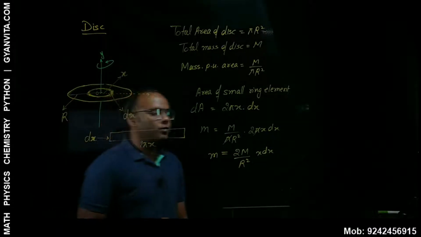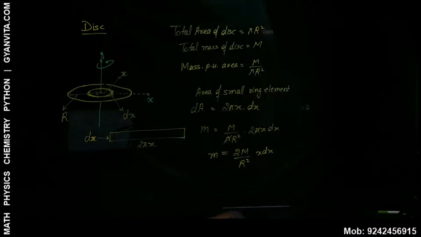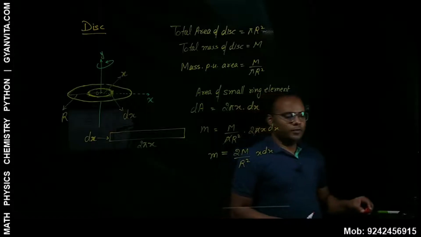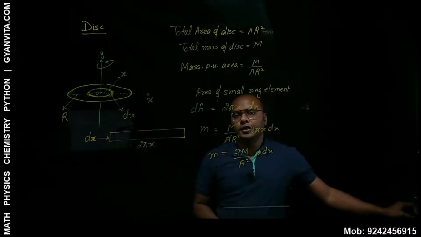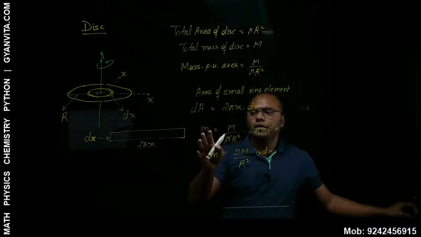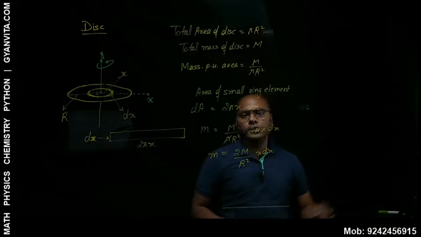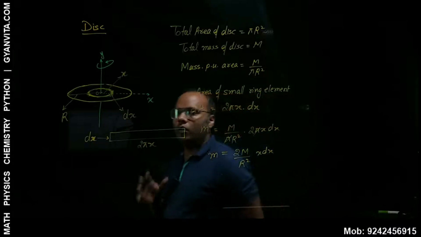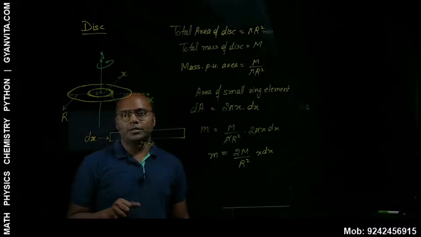Now if we have to find the total moment of inertia, first we'll have to find the moment of inertia, that is dI, for this small segment or this small element. So first we'll find the moment of inertia of this circular ring which is inside the disc about the same axis.